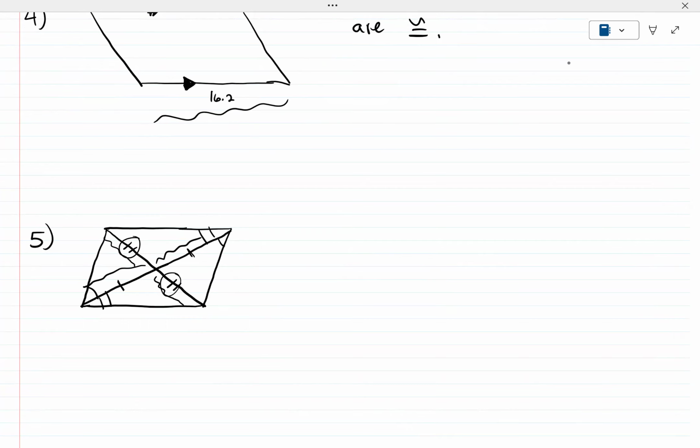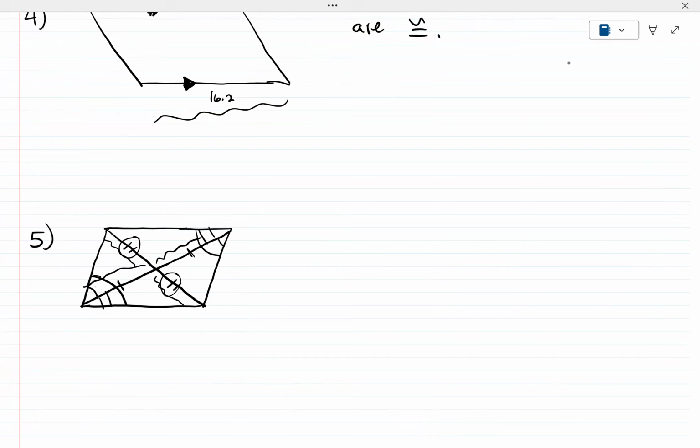And then they talk about angles. This angle is congruent with this angle, and then this angle is congruent to this angle. Basically, what they're really saying is this entire angle is congruent to this entire angle.